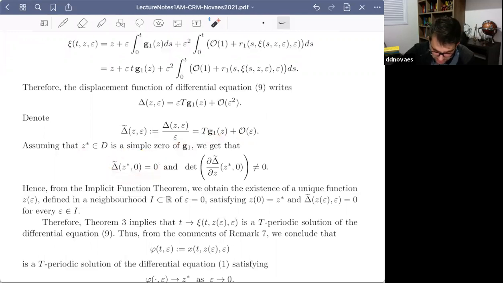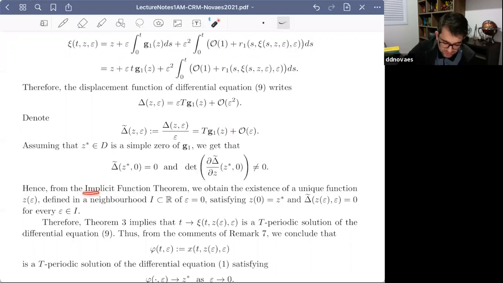And the determinant of the differential of delta tilde with respect to the variable z evaluated at z star, 0 is distinct from 0 because it's exactly T multiplied by the derivative of g1 evaluated at z star. And we know, because it's a simple zero of g1, that this determinant is distinct from 0.